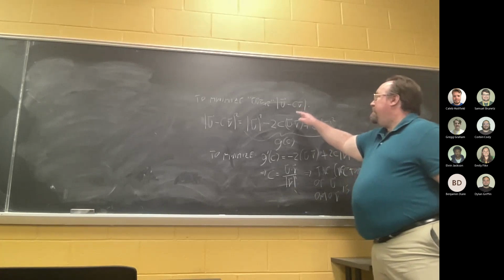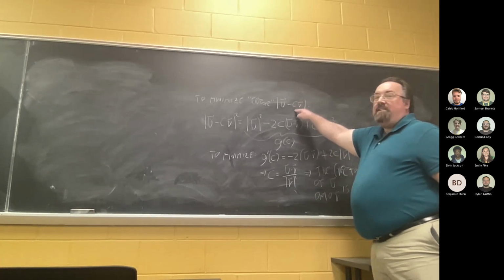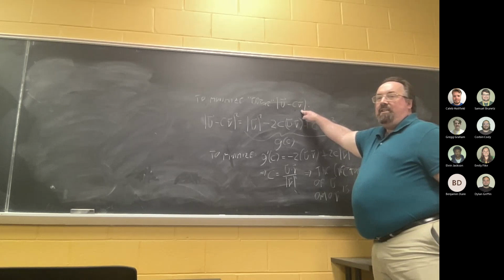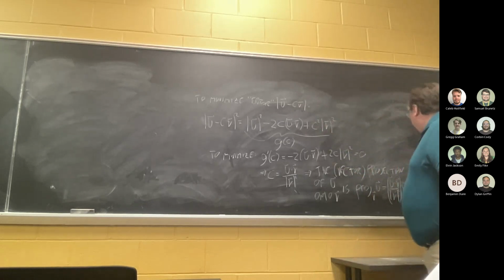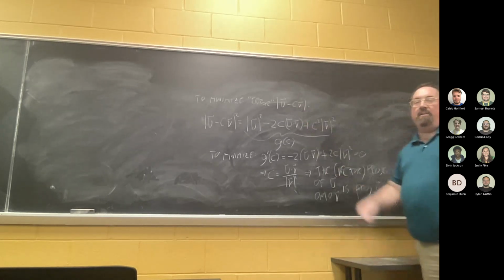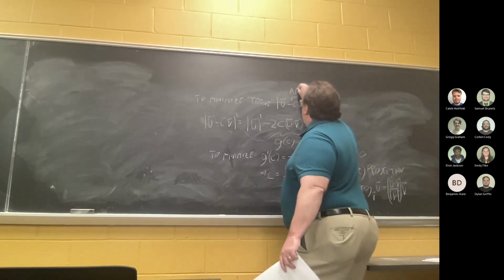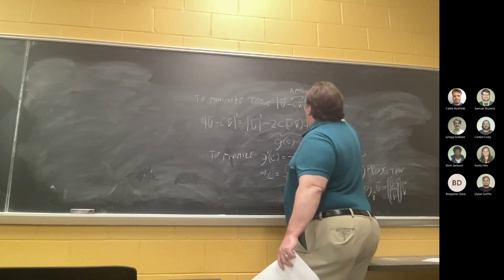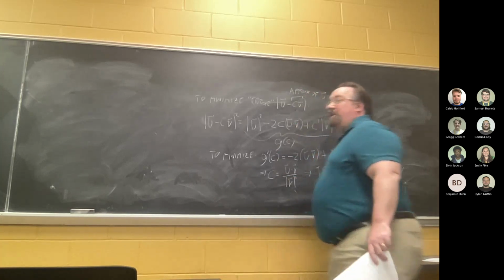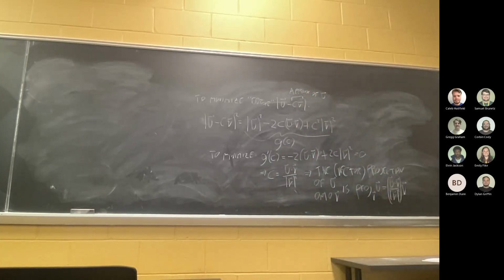My approximation of u is not just c, it's c times v. So this v here is that. So this whole thing is my approximation of u. I'm approximating a vector by another vector. And v itself was given, I just needed the value of c.